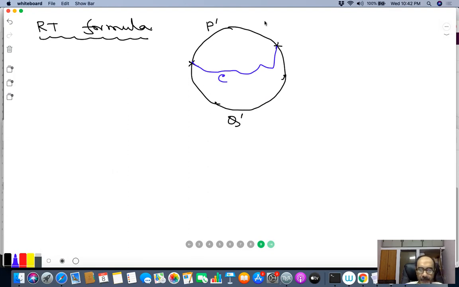So on P prime, we have the boundary qubits or the physical qubits. Let me draw those by red circles. This is where the links end, the last link basically ends here.